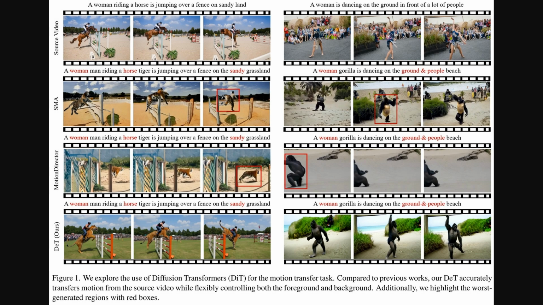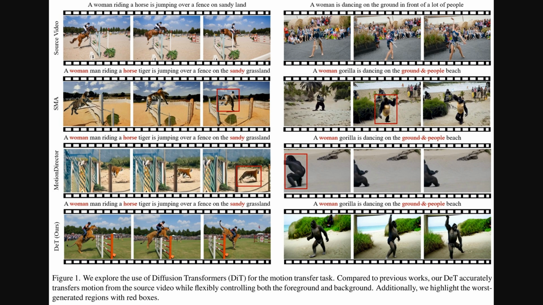Okay, so to give you a visual of what this DeT method, which works by adapting video diffusion transformers, can do, Figure 1 here really shows it in action. On the top row for each example, you have a source video, like a woman riding a horse on the left, or a woman dancing on the right.